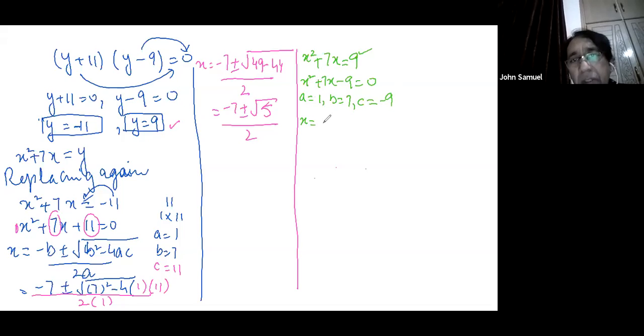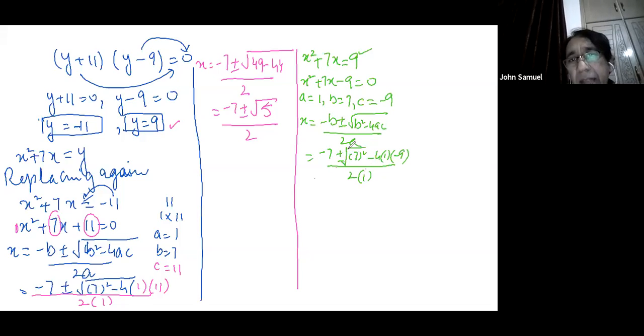There x is equal to minus b plus minus under radicand b square minus 4ac over 2a. Putting the values, minus 7 plus minus the square root of 7 square minus 4 into 1 into minus 9, over 2 into 1.